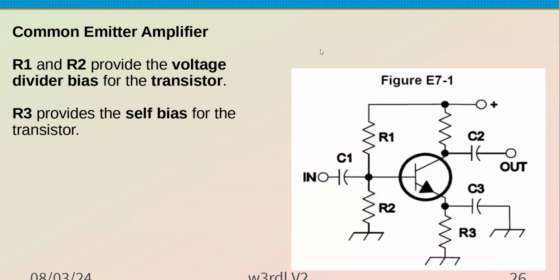We talked a little bit about the common emitter amplifier. This is what the configuration looks like, where the emitter of the transistor, or if it was a vacuum tube, it would be a common capacitor, is tied essentially to ground. It's an RF ground. There's a capacitor. The resistor is there to provide self-bias to help stabilize the circuit.